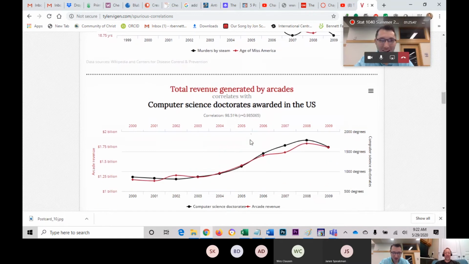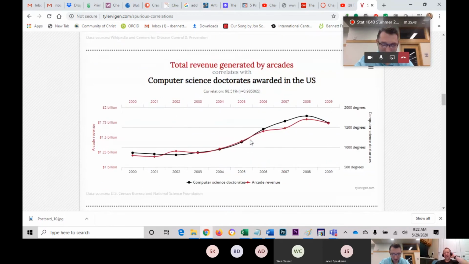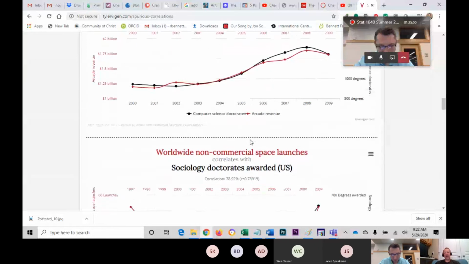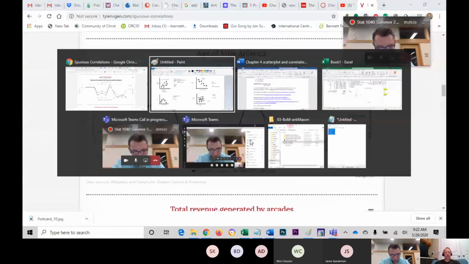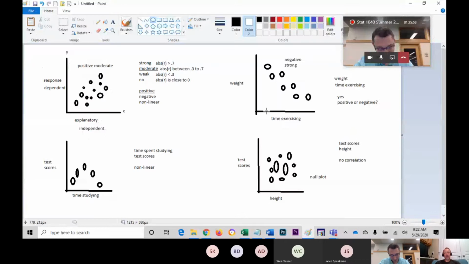So the idea here is, there are a lot of them on here that are pretty funny, but a lot of times when we're looking at correlation, time spent exercising makes sense to correlate with a person's weight. So when we're looking at these variables, we need to find two things that make sense.